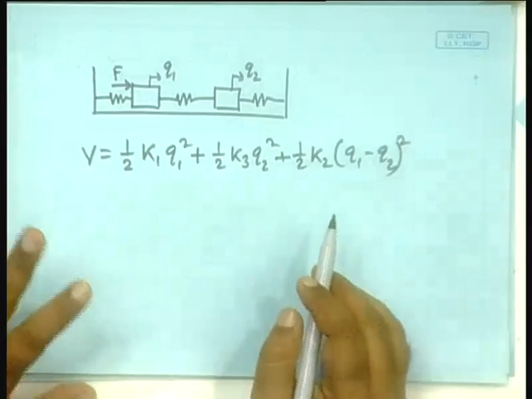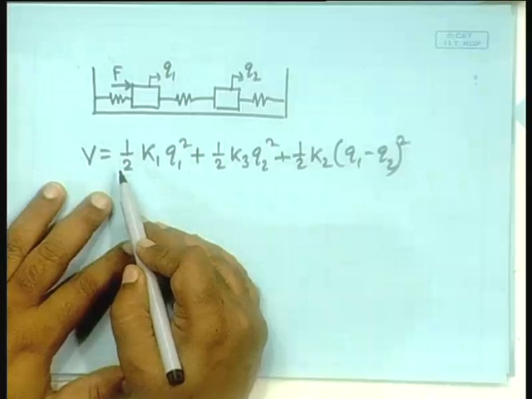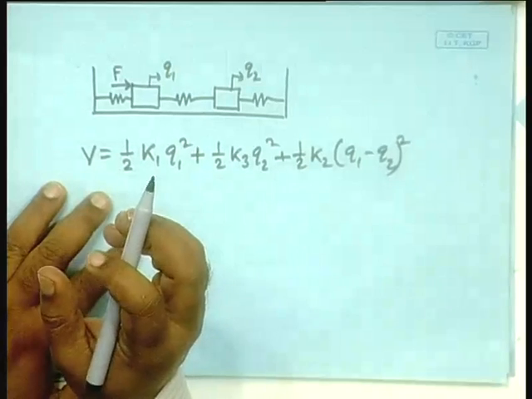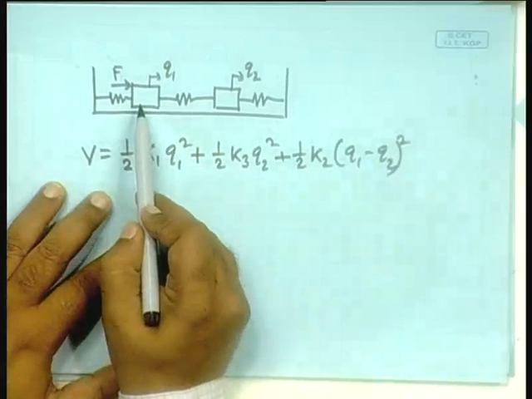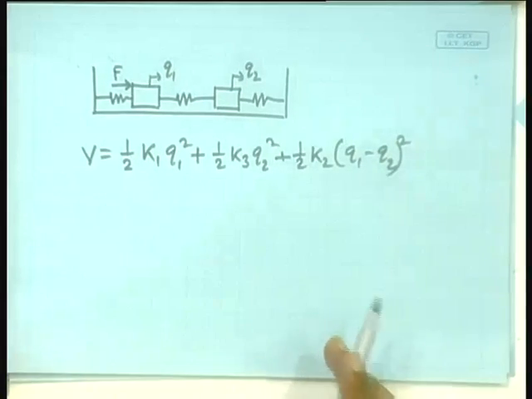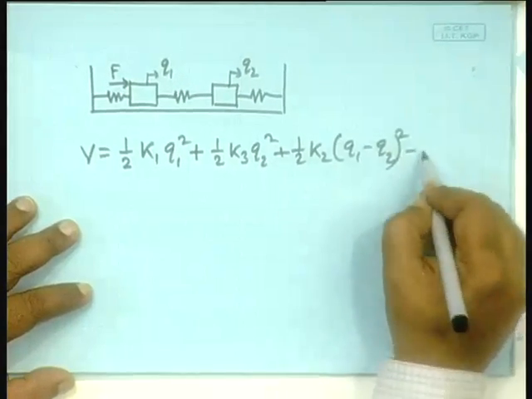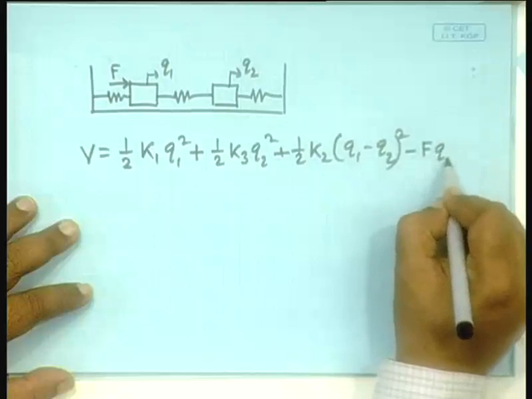What gets additionally added to this potential function, so that the total force is still obtainable from it by a simple derivative? What I said is that you have to add minus F times Q1, that is it.